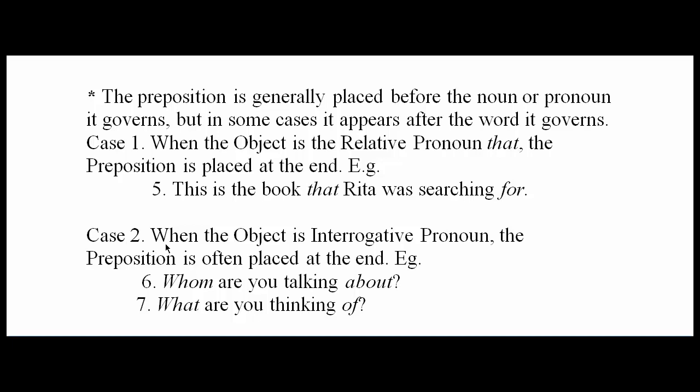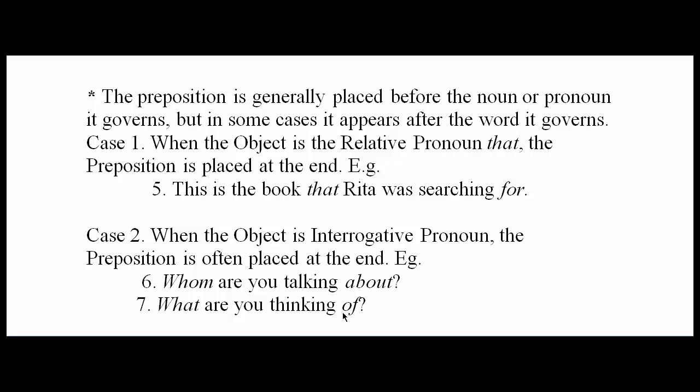In the second case, when the object is an interrogative pronoun, the preposition is often placed at the end, which means it is placed after the noun or the pronoun it governs. From examples 6 and 7: Whom are you talking about? Whom is an interrogative pronoun, a word that refers to a noun in the question word form, whom or what.